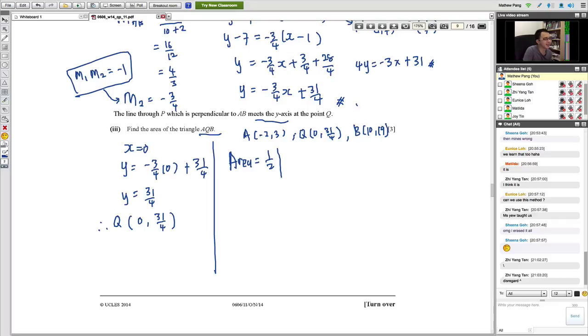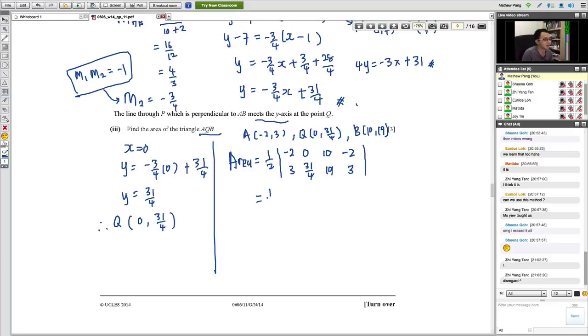Because this one is AQB, I arrange the coordinates in the order of AQB. Then I take the x and y values in order: negative 2, 3, then 0, 31 over 4, then 10, 19, and must repeat the first one, which is negative 2, 3. Then I just solve this.